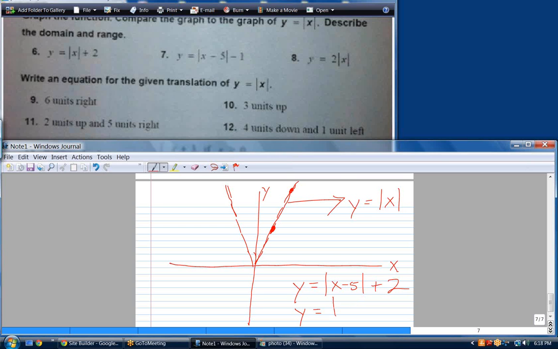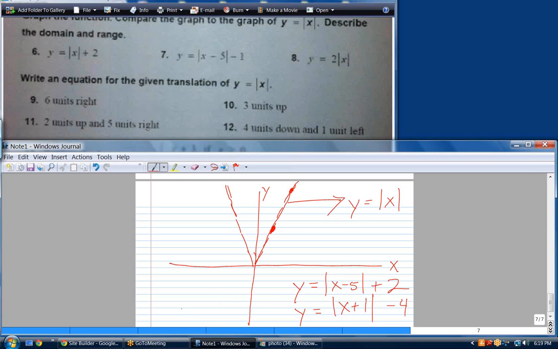So absolute value of x plus 4. No, just because they put it in this order doesn't mean you go in that order. In other words, the 4 units down is a vertical shift. That's got to come at the end after the absolute value. Plus 1? Plus 1 is correct. And then minus 4 after the absolute value.